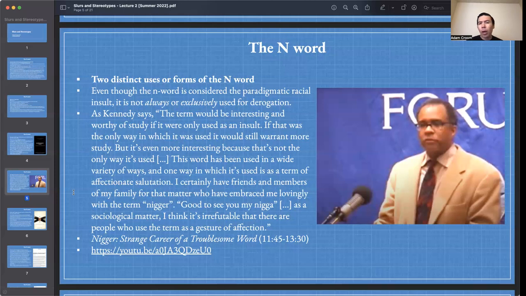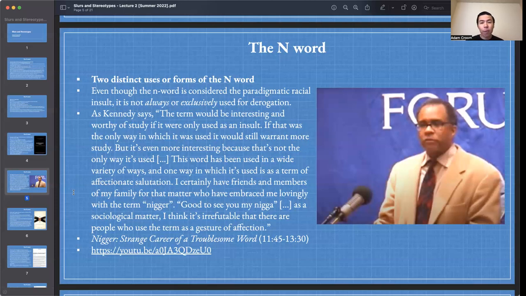If that was the only way in which it was used, it would still warrant more study. But it's even more interesting because that's not the only way it's used. This word has been used in a wide variety of ways. And one way in which it's used is as a term of affectionate salutation.